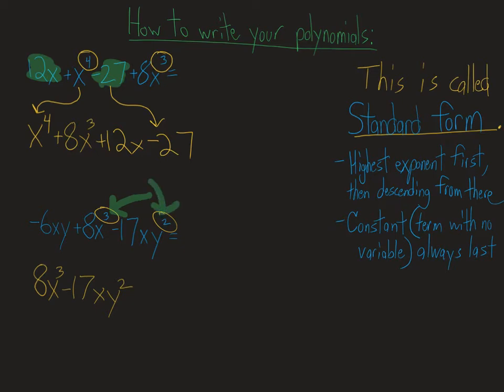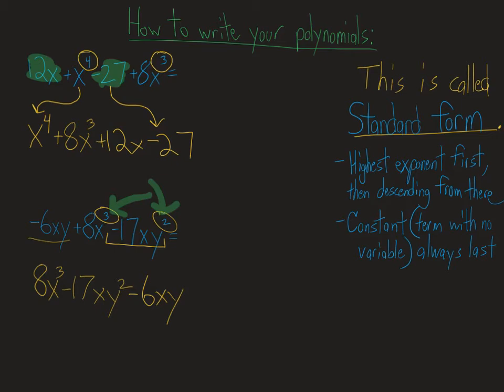We're not trying to order them by their specific variable letter. We don't care. We're just going highest to lowest on their exponent. And then lastly, the -6xy. And as always, also remember, the sign goes with the term or with that monomial, always, okay? So keep that sign with whatever's behind it when you reorder things.